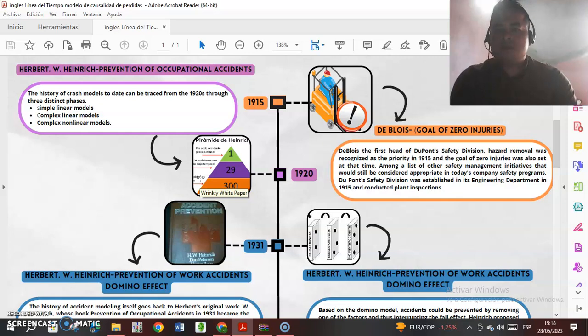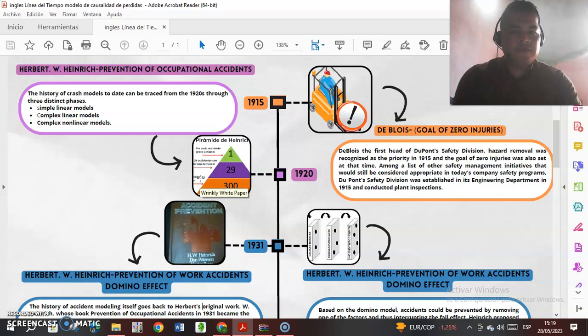The history of accident models can be traced from the 1920s through three distinct phases: simple linear models, complex linear models, and complex nonlinear models. In 1915, the goal of zero injuries.